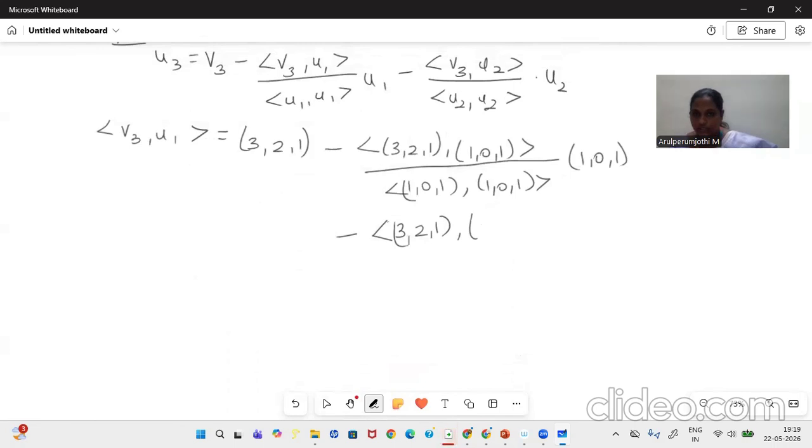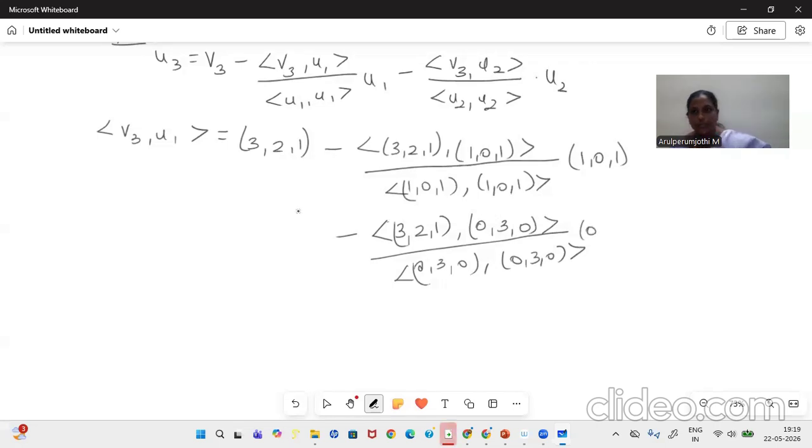So it is (0, 3, 0). Close the bracket and then the whole divided by the inner product of u2, which is (0, 3, 0), and (0, 3, 0), into u2, which is (0, 3, 0).